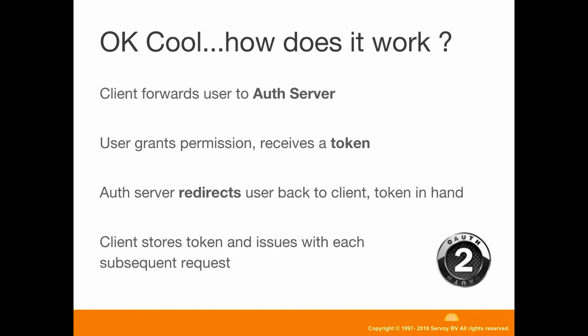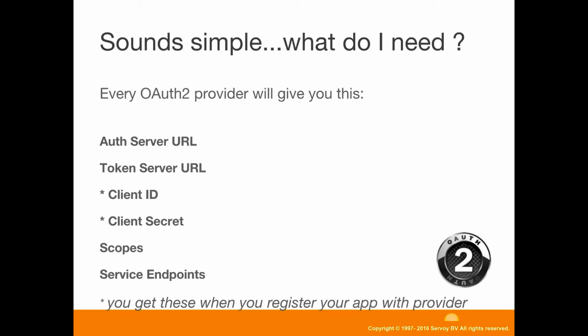That's where you say, yes, I allow this application to see my profile, and then it forwards you to their token server after you've granted permission, and you get a token. Then it redirects back to the client application, in this case the Servoy application, giving it the token, and then the client application can store that token however it wants, but it must issue it with each subsequent request. Eventually a token might expire, you have to refresh it or get a new one.